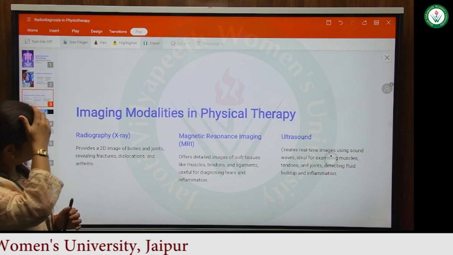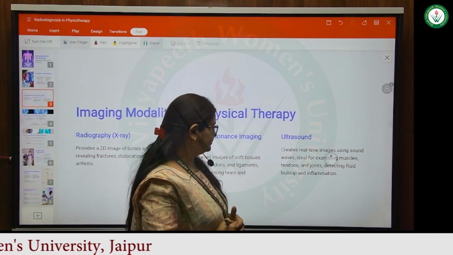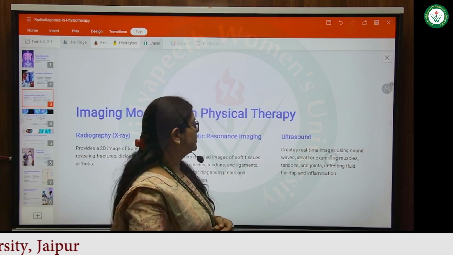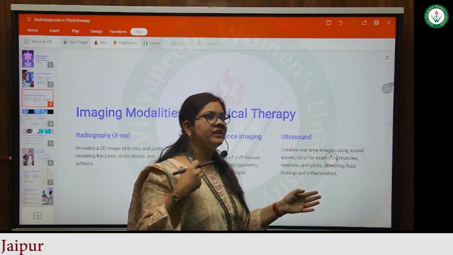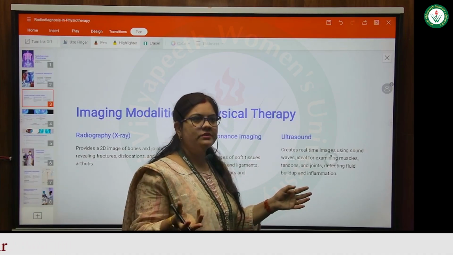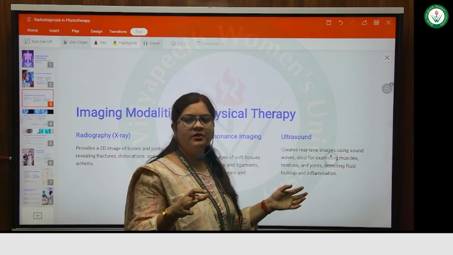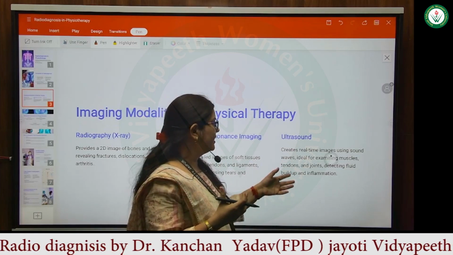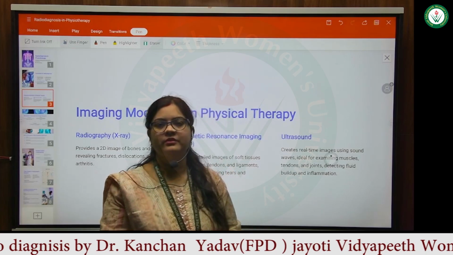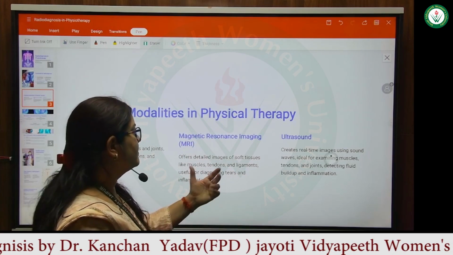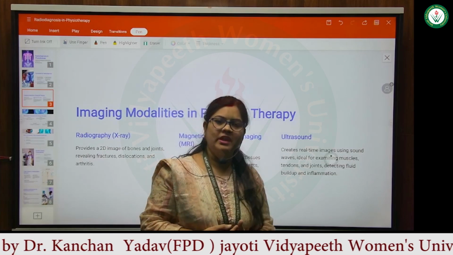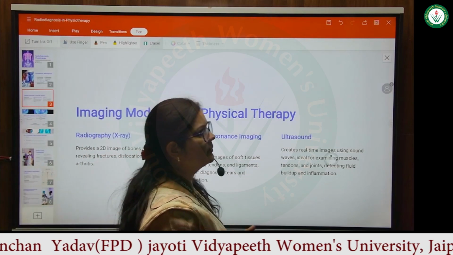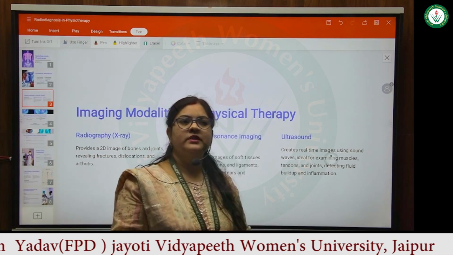Now the another thing is the ultrasound. Ultrasound is also a radiological imaging modality, or tool, which we are using to diagnose some alteration or the actual condition through the use of sound waves, and this is usually helpful in examining the muscles, tendons, and joints, and sometimes detecting fluid which builds up due to inflammation or infectious condition.